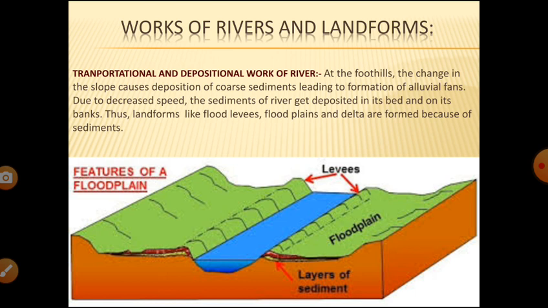So children, we will see what is a flood levee. A flood levee is a natural or artificial wall that blocks water. Floodplain: an area of flat land beside a river that regularly becomes flooded. Now we'll see what is a delta.